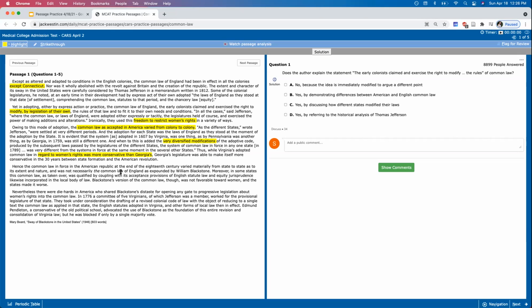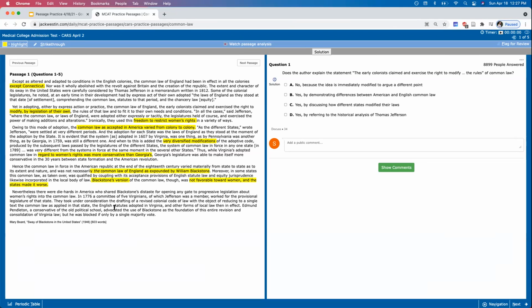And then we are introduced to the common law of England as given by William Blackstone. And his version also was not favorable towards women, but the states made it worse. So that's why his version was introduced.